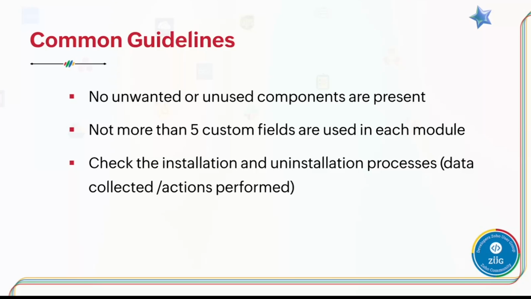So we should make sure that no unwanted or unused components are added as part of the extension that you are presenting to the users. So the first practice is to make sure that no unwanted or unused components are available in your extension.